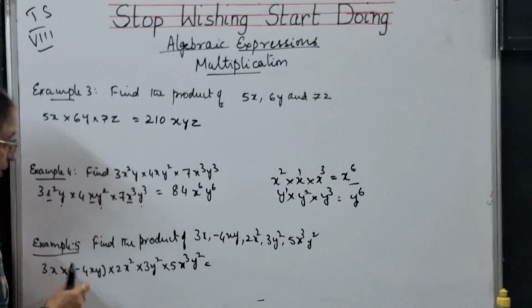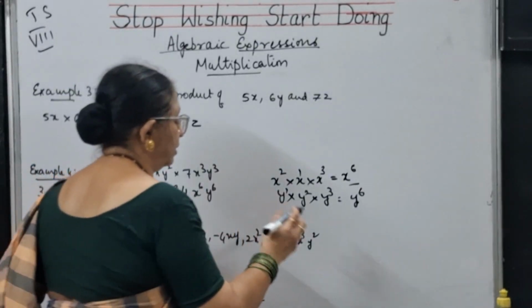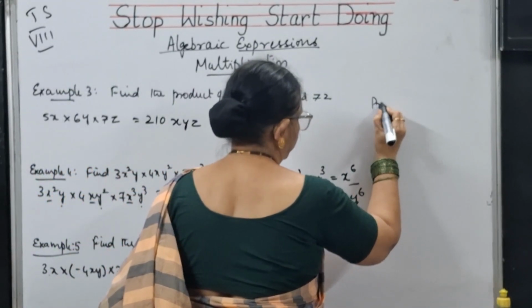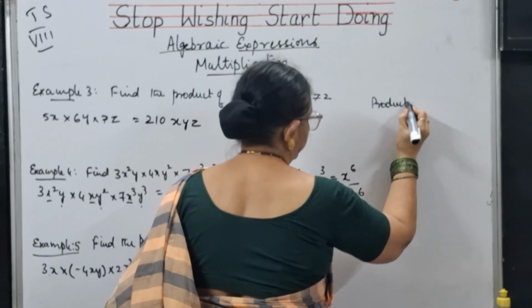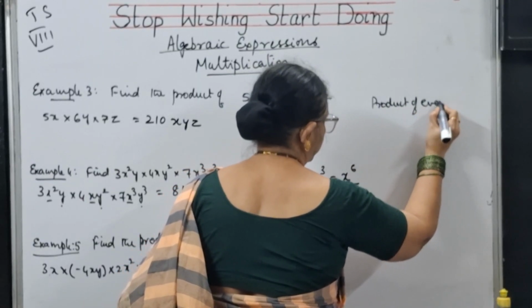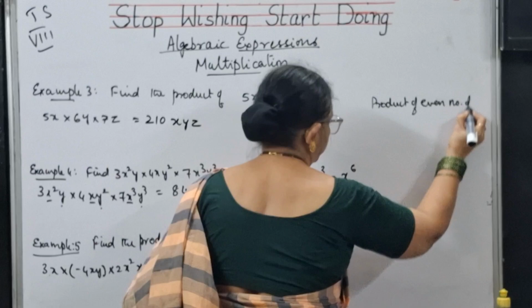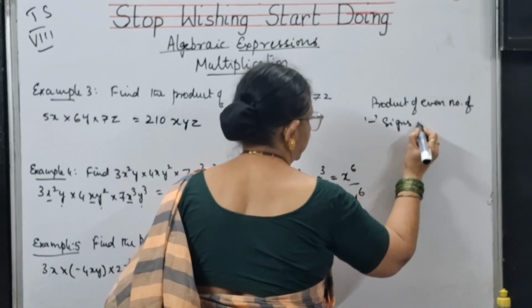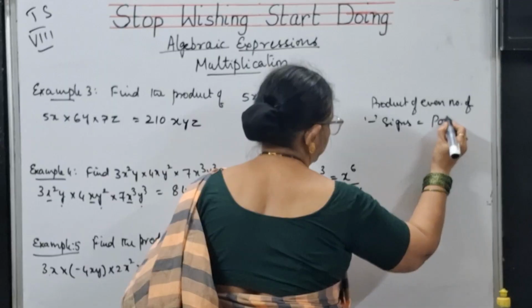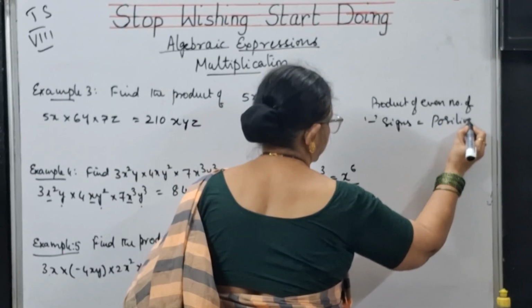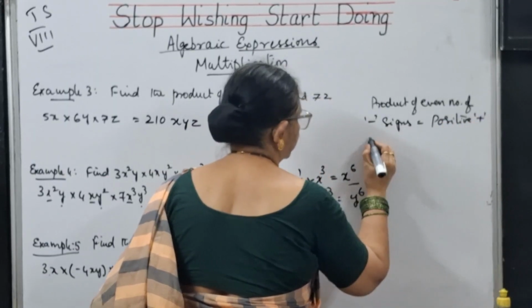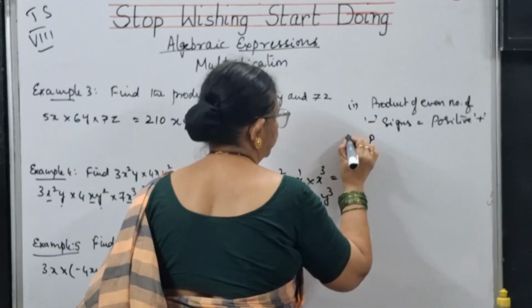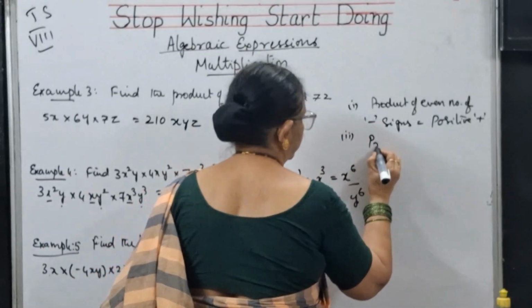So we can write one point here, children. Product of an even number of negative signs always will be positive. That is plus. And the second point, very important, you should know, children.